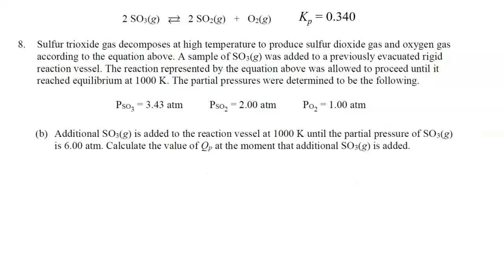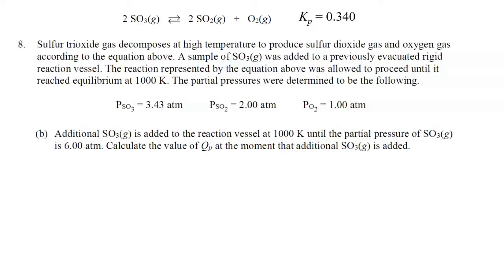All right, so here's part B. Here is our first stress or disturbance to the system that already was at equilibrium. Part B says additional SO3 is added to the reaction vessel at 1000 kelvins until the partial pressure of SO3 is 6 atmospheres. Calculate the value of Qp at the moment that additional SO3 is added. So the number that we have for SO3 is now changed.